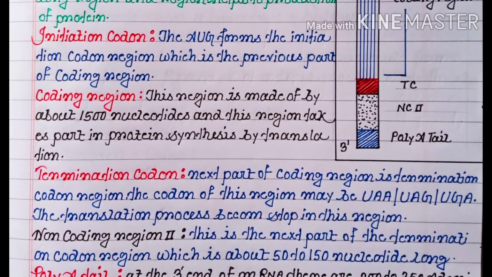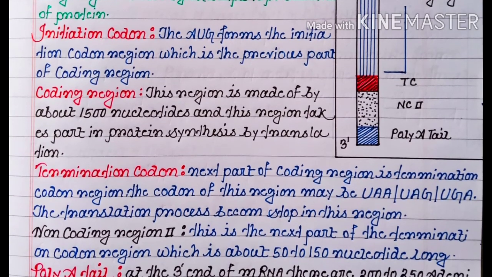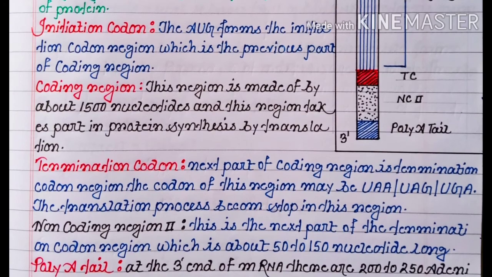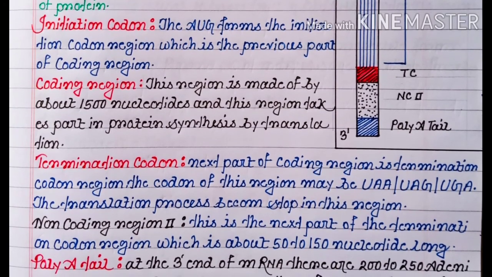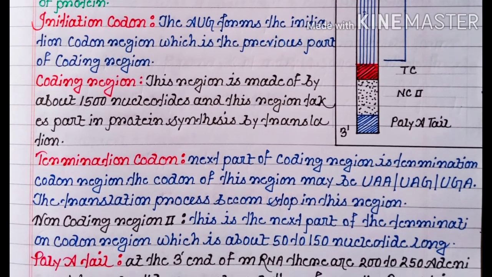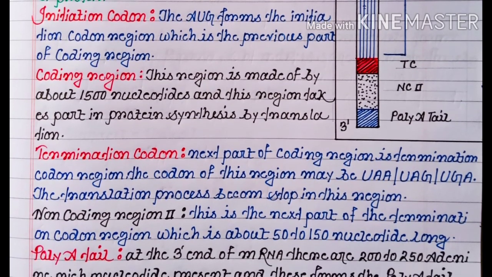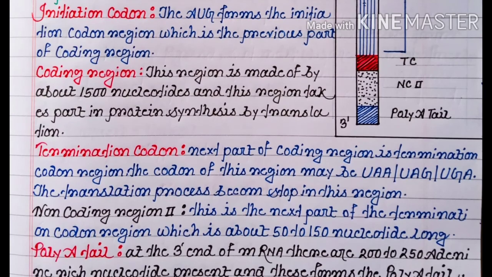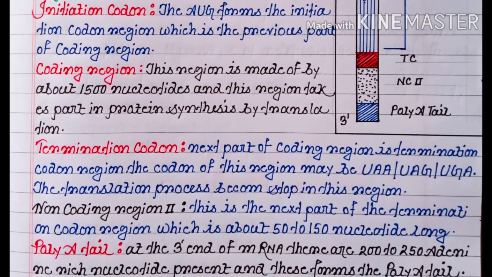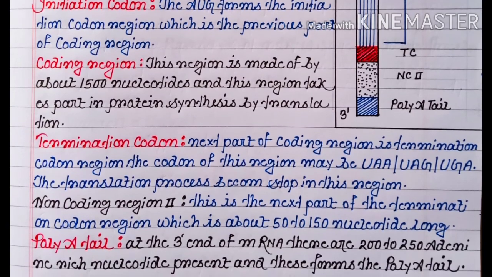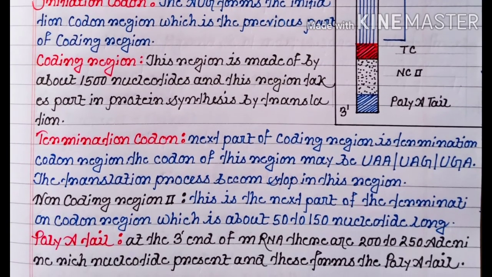And the last part of mRNA is the poly A tail region. At this 3' end of mRNA, there are 200 to 250 adenine-rich nucleotides present, and those form the poly A tail region of mRNA.